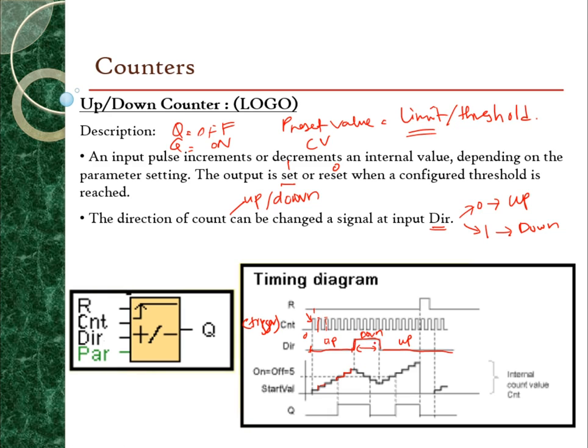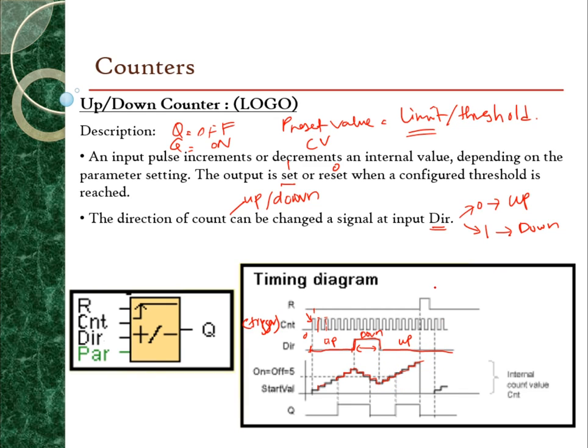When the down counter is activated, the current value of the counter will be decremented by 1, and so on. In this stage, the counting up is activated, so it will be incremented by 1.